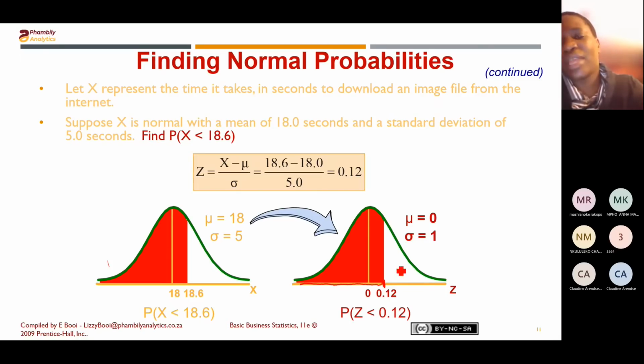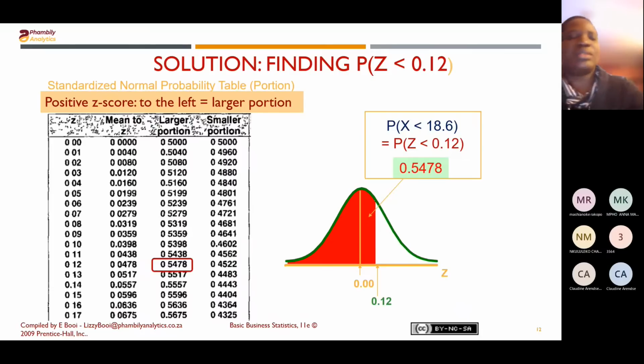Compared to the area that is left, this portion is larger, because it includes the 50% plus a little bit of the other 50% on the other side. So this is the larger portion. In order for us to find this probability, we go to the larger portion table. We look for our Z of 0.12.